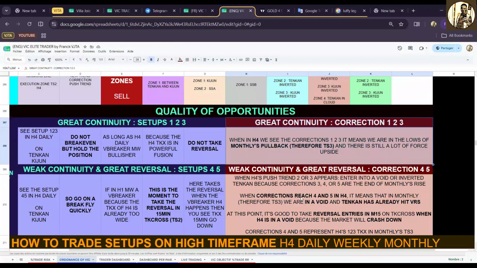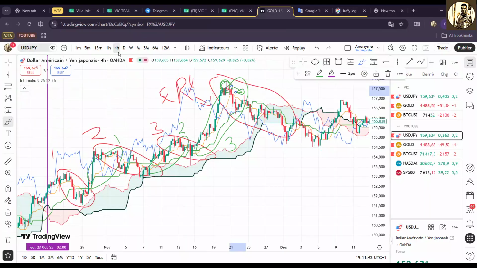When the correction reaches the correction number 4 and 5 in H4, it means that in monthly we are in a void and Tenkan has already hit the VRS.